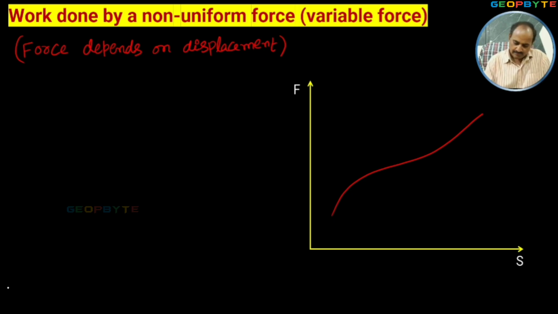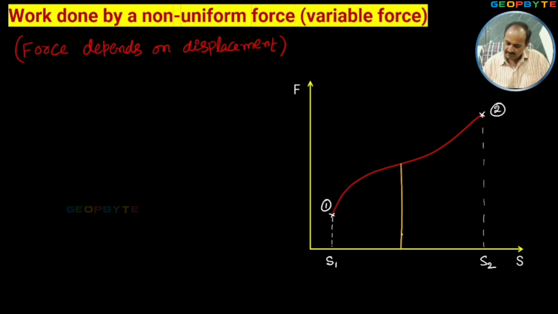Let us take the starting point where the displacement is S1. The final point displacement vector is S2. Let us consider a small elemental strip.